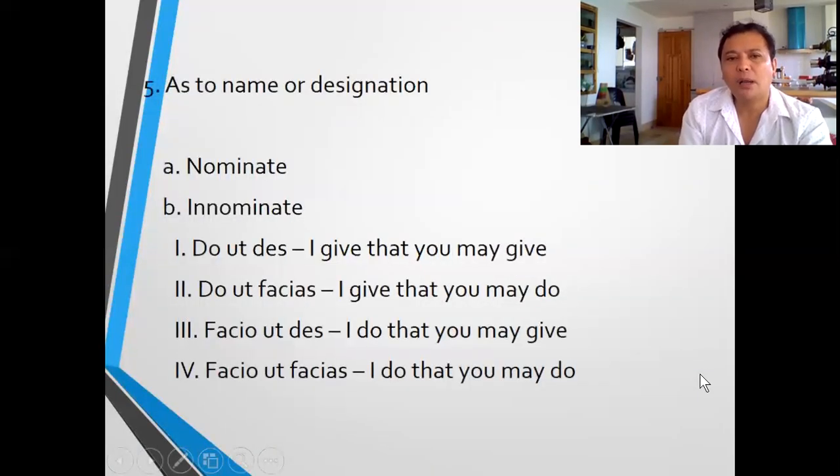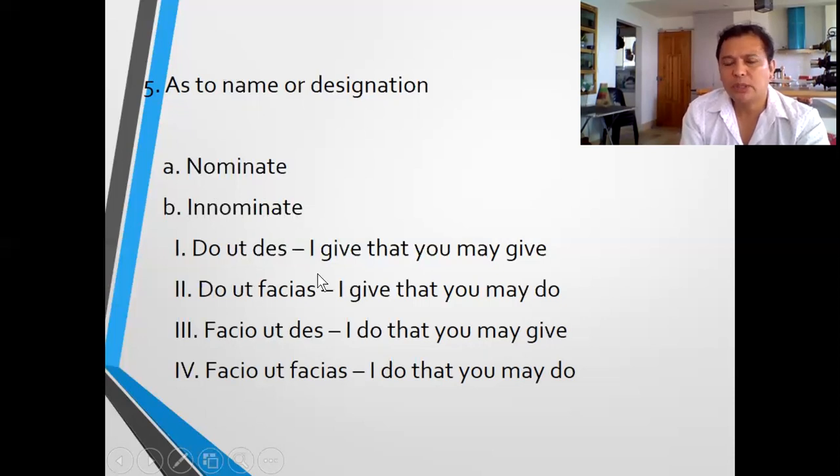Now, there are contracts which have no names, and these are called innominate. For contracts with names, they are nominate contracts. So we will discuss the contracts without names. There are four in the book, namely, do ut des, do ut facias, facio ut des, facio ut facias.